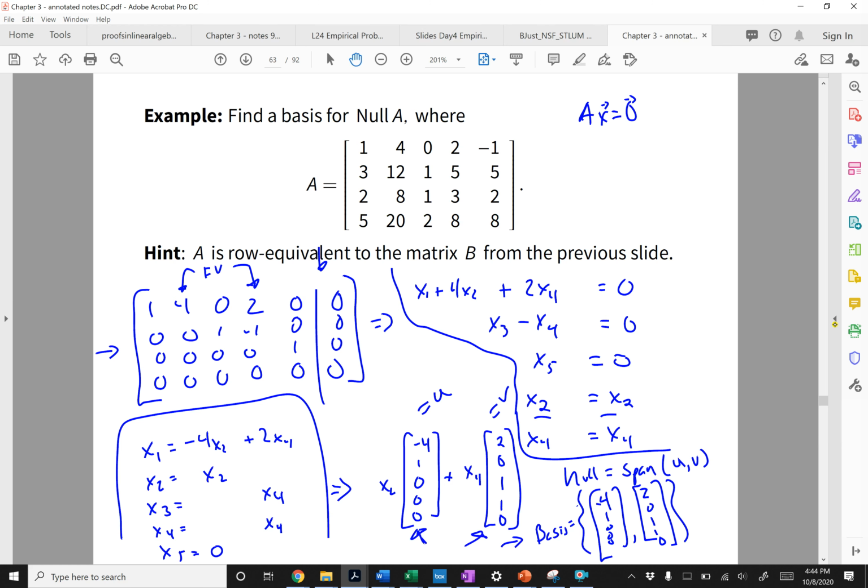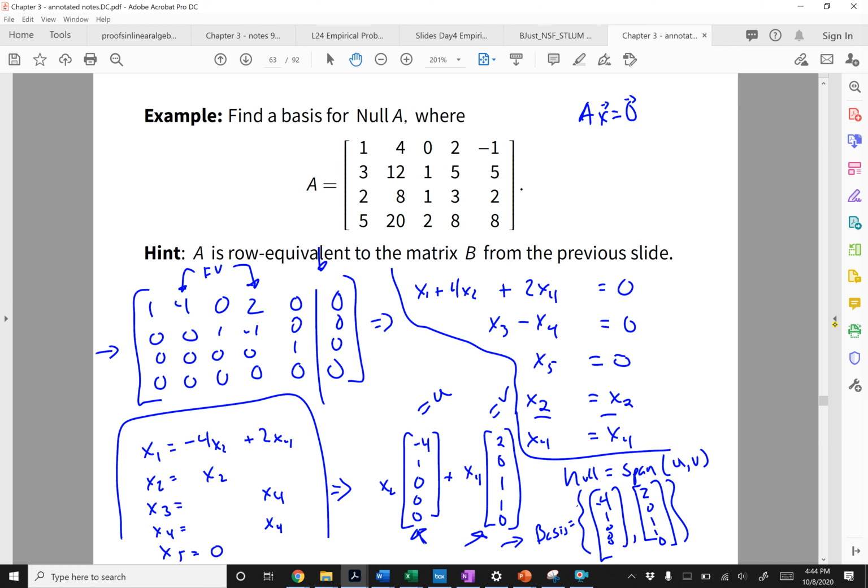So the null space is the span of those 2 vectors. So any linear combination of those. So the way to find a basis for the null space is to augment it with 0, row reduce it. In this case, they'd already row reduced it. And then describe the solutions to that with any free variables.